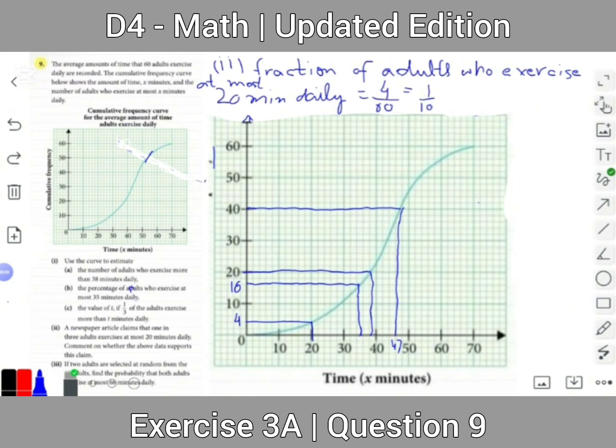So the fraction becomes 4 over 60, and after simplification we will get 1 over 15.